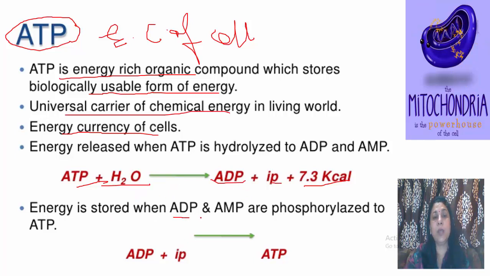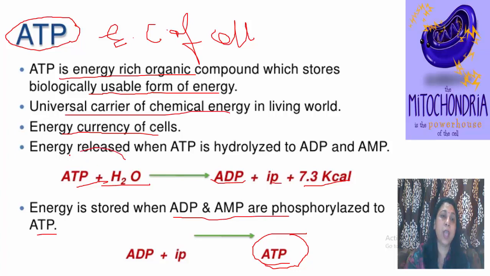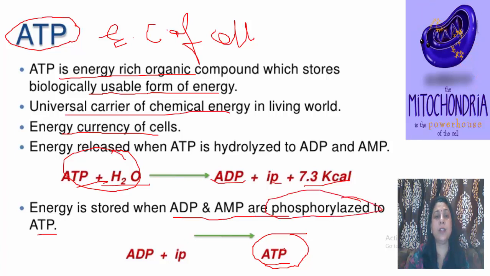Energy is stored when ADP and AMP are phosphorylated to ATP. Phosphorylated means if phosphate groups are added, 2 to AMP and 1 to ADP, what is formed? Adenosine triphosphate is formed, and energy is stored in this. If it gets hydrolyzed, then energy is released. When it gets phosphorylated, then energy is stored in the ATP.